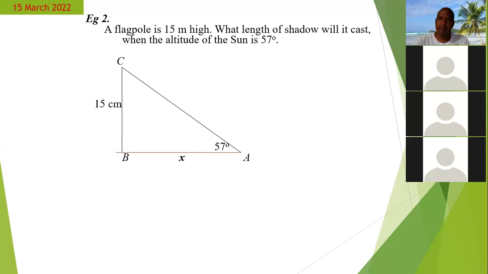It will be tan angle equals. All right, so we are using tan of 57, and that is equal to? 15 over X. All right, 15 over X. So what do we do from here now?